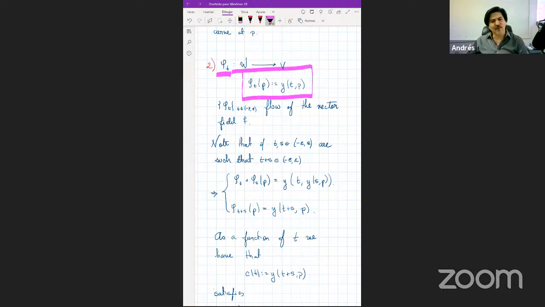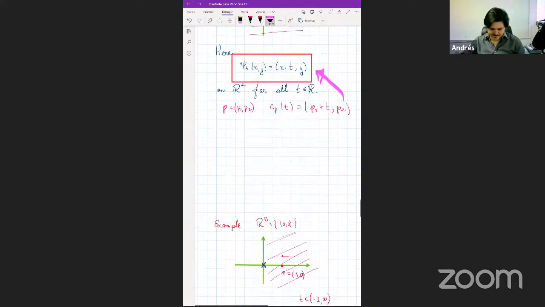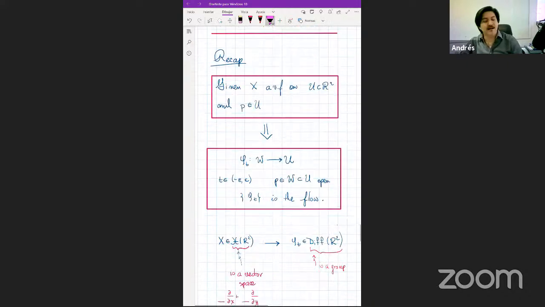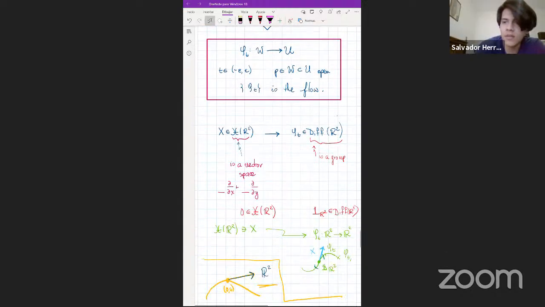This is where I put it explicitly, and this is concrete mathematics. So remember that the Y_t is the integral curve, and then that's what the flow is, the collection of all the integral curves. Okay, that makes sense? Yeah, that's fine.